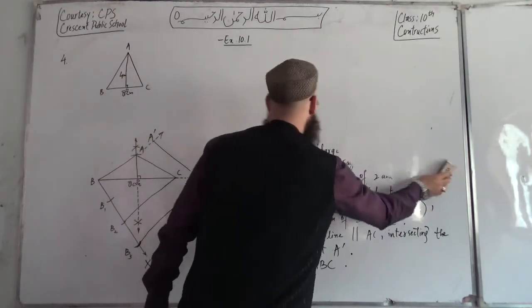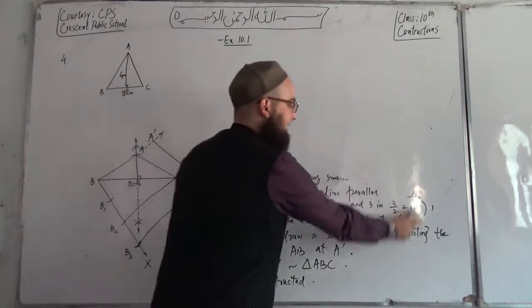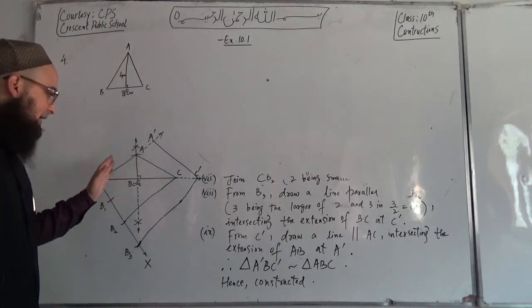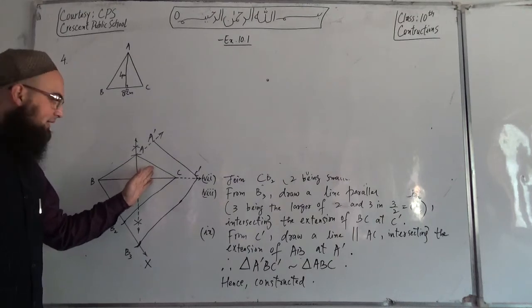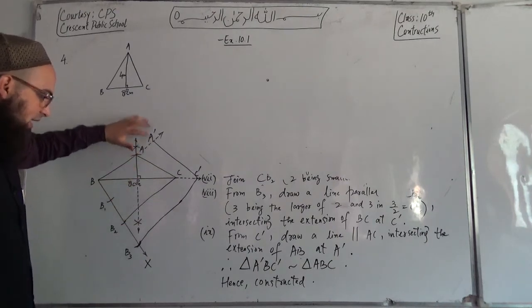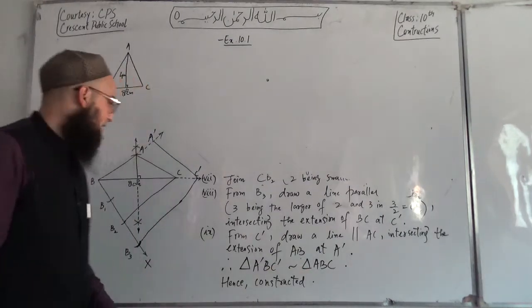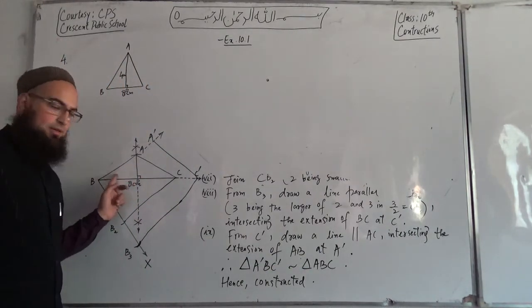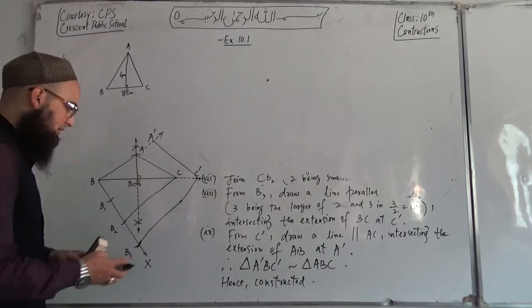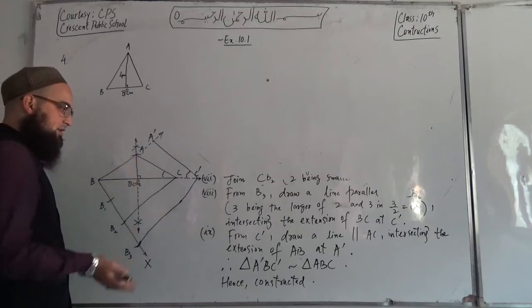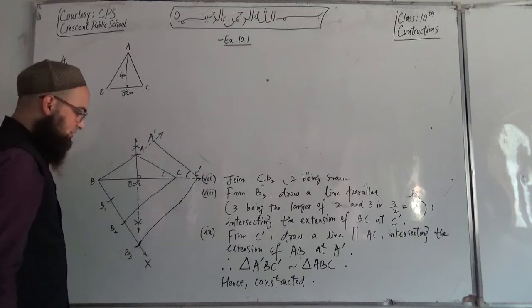You can justify this construction exactly in the same way by considering this triangle and this triangle. One angle is common, one is corresponding angle. Take this triangle and this triangle. One angle is common, that's angle B, and this angle is equal to this angle. Corresponding angles, that means sides are in proportion. Then write down the three proportional sides.